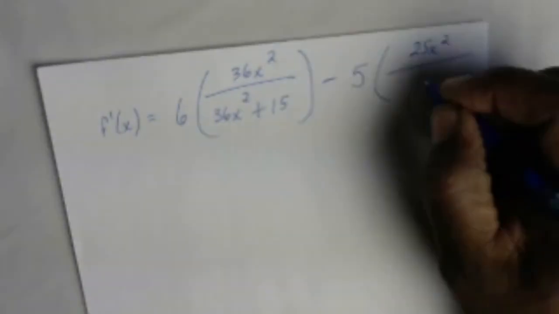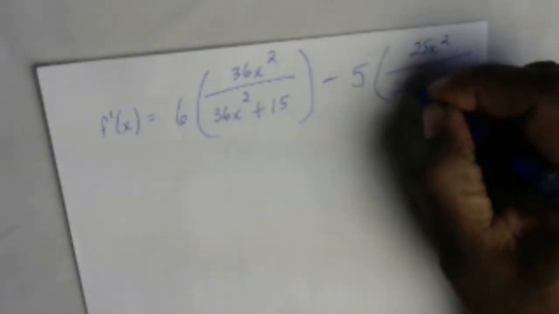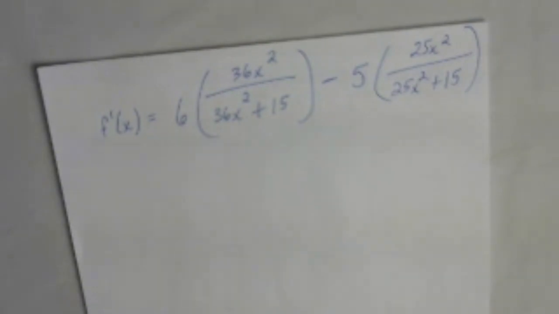You can't even see that. 25x squared divided by 25x squared plus 15.